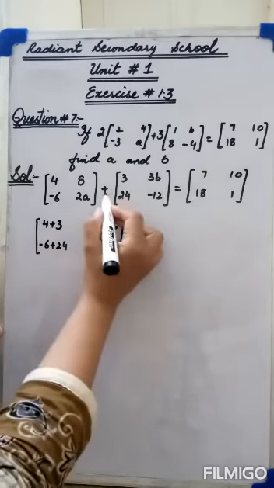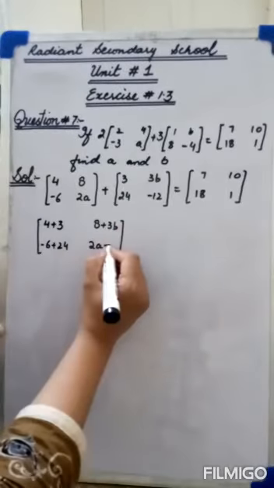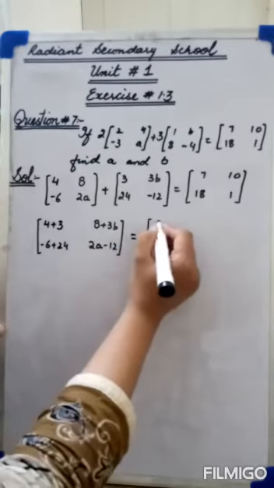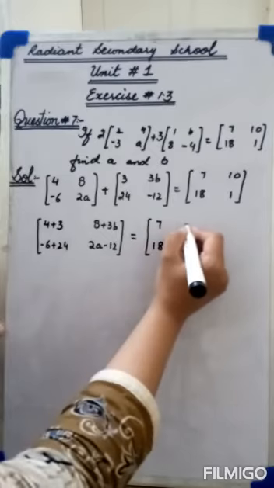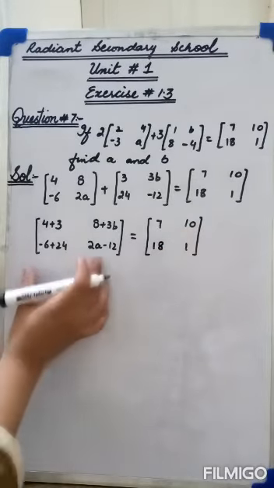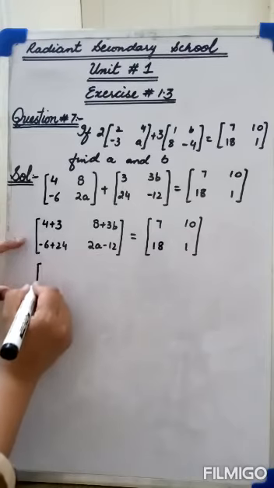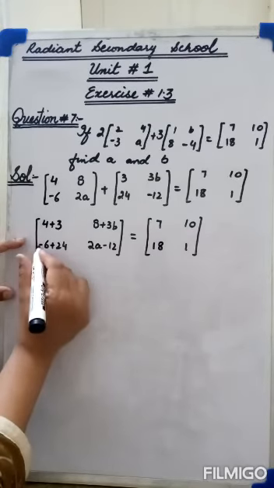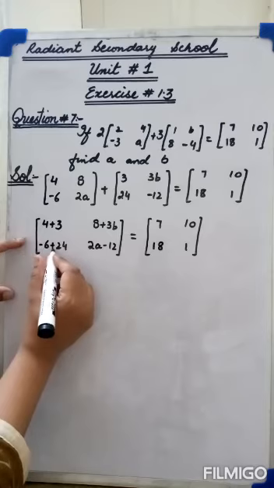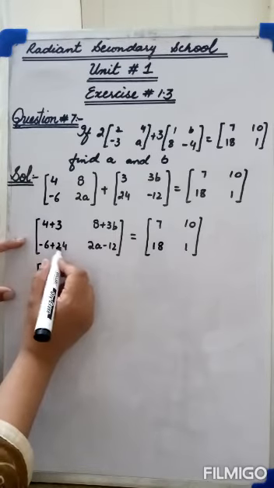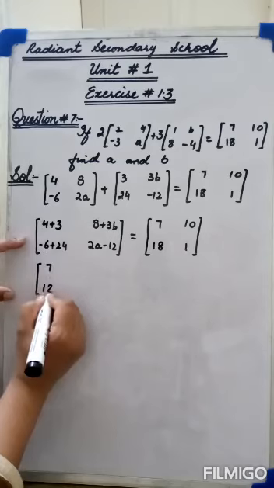Then 2a, as plus minus is minus, so minus 12, equals to the same matrix 7, 18, 10 and 1. Okay, now we will solve this. 4 plus 3 equals 7. Minus 6 plus 24: this is minus, this is plus, so plus minus minus, and the sign will be of the greater value. 24 minus 6 is 18.